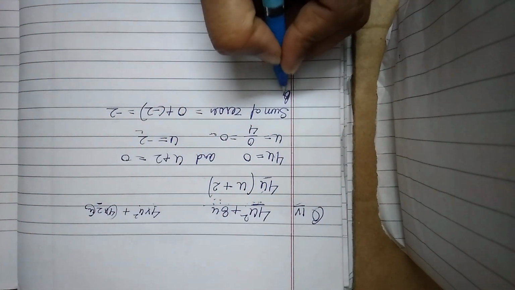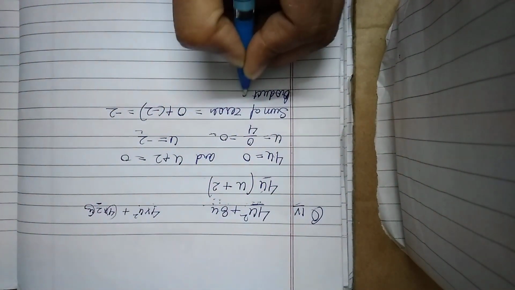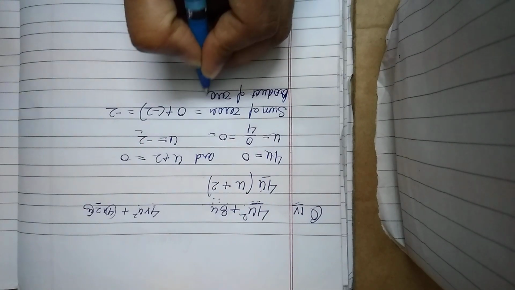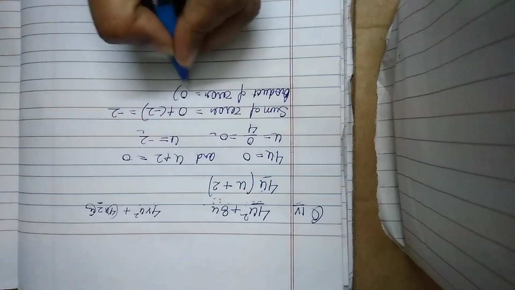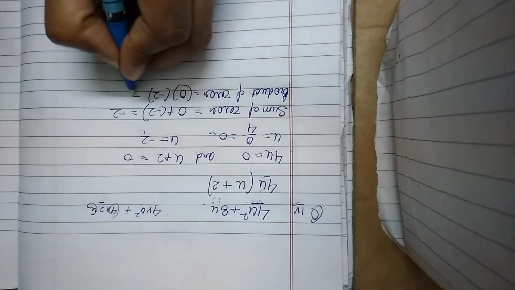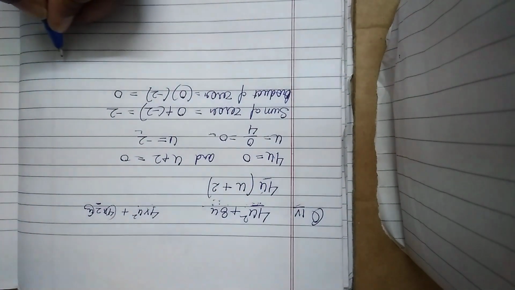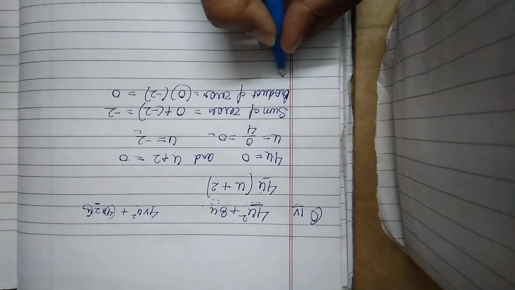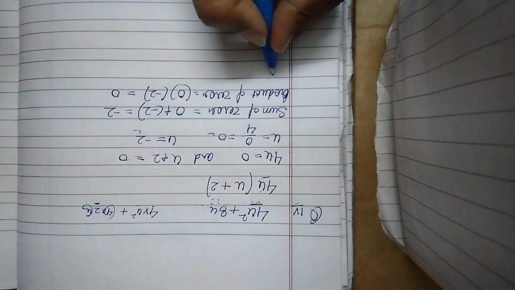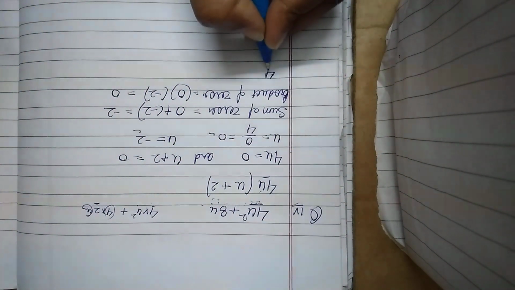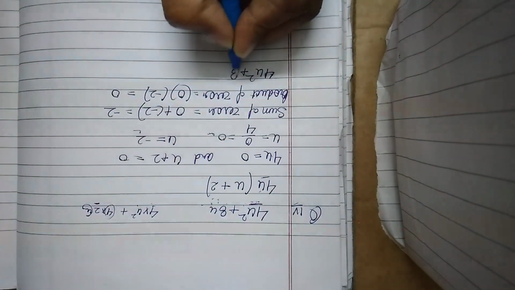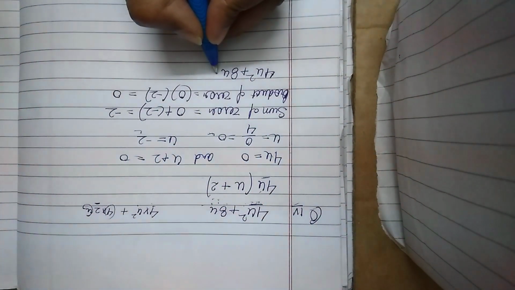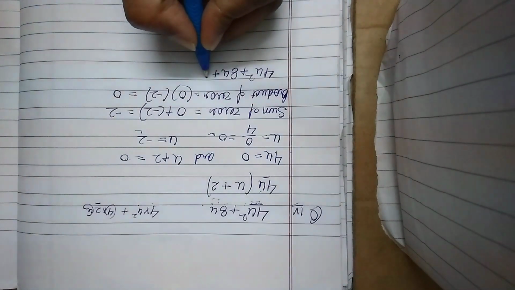Now product of zeros: 0 multiplied by minus 2, we get 0. Now with the coefficients, we find the sum of zeros with the help of coefficients. Now again write down the polynomial 4u square plus 8u. Here the constant term is not there, so we write it as 0.